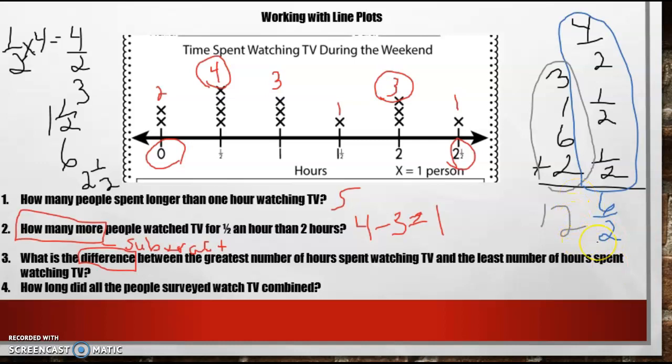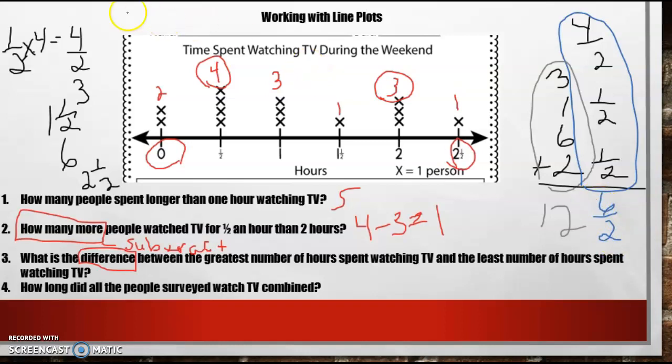Now what do I notice here? I cannot leave 6 halves as 6 halves. It's an improper fraction. So what I need to do is take this 6 halves, and actually it is a whole number. Remember, this means we're working with groups of 2. So how many groups of 2 are in 6? It's basically a division problem. 2, 4, 6.